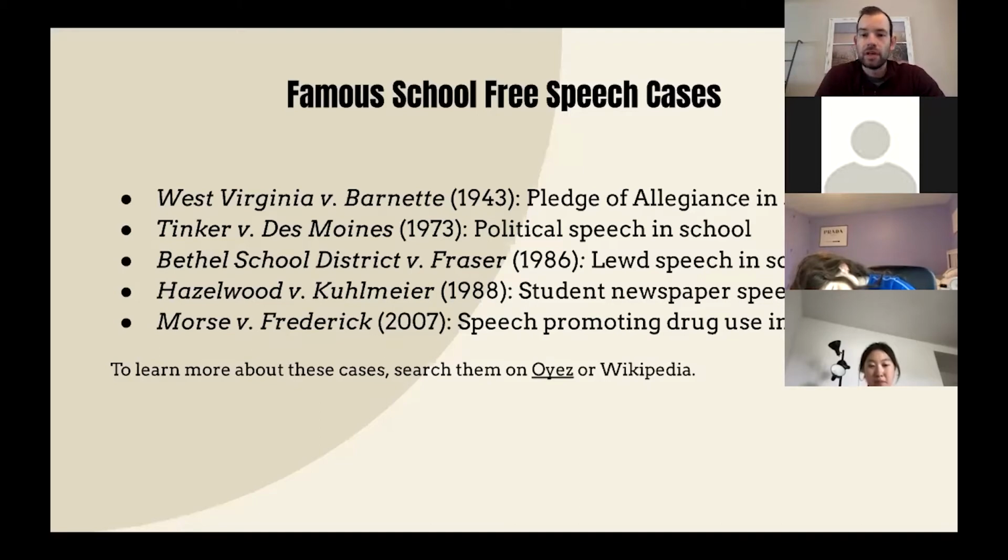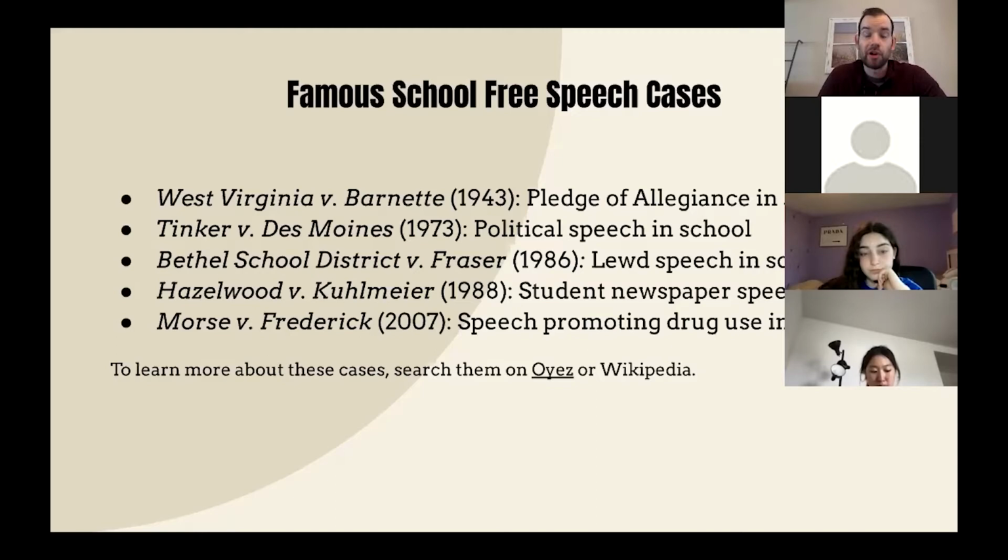The first student speech case was West Virginia v. Barnette, 1943. This was a case about the Pledge of Allegiance in school. A group of people who did not want to recite the Pledge decided to sue the school for the right not to speak. The Supreme Court sided with them and said that if you don't want to speak, you don't have to speak.